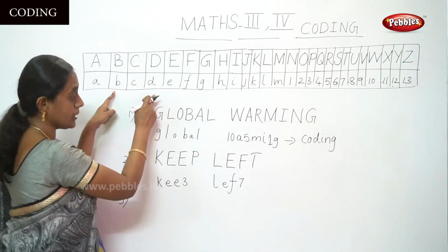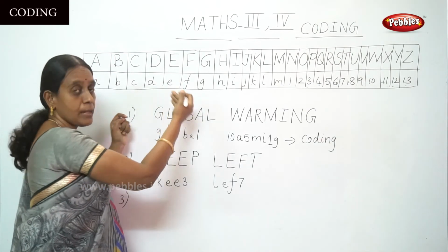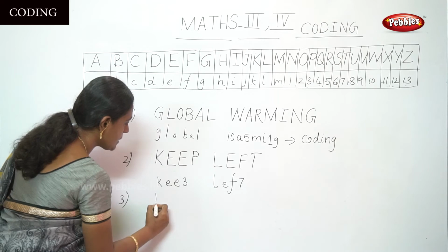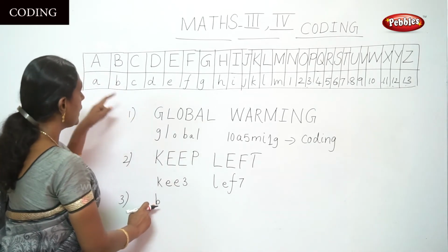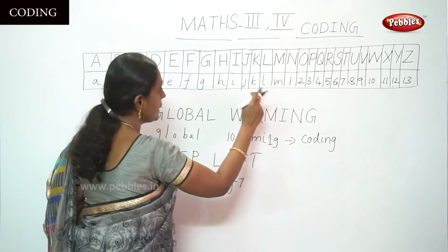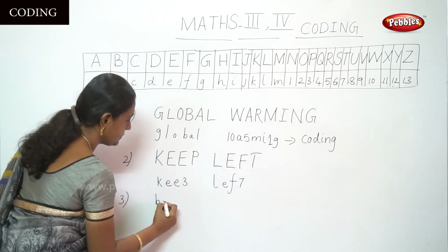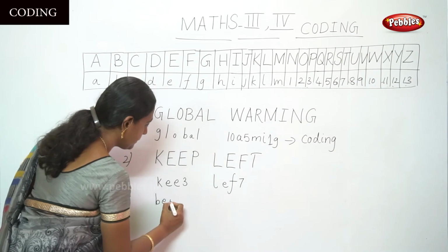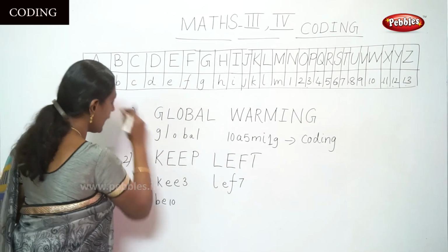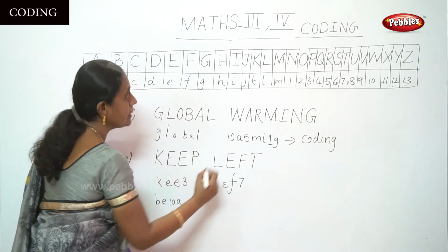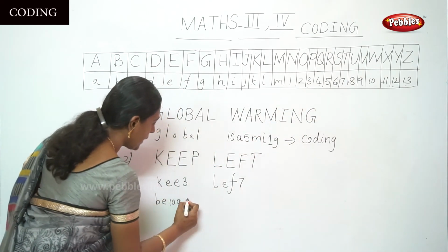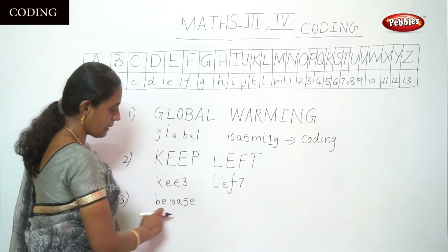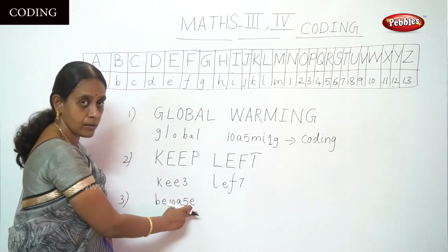We have to write the coding representative letters: B, and for capital E, and for W, 10, and A and R, 5, and for E. So we derive the word beware.